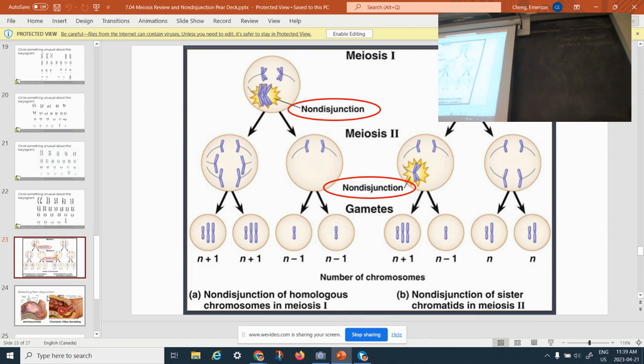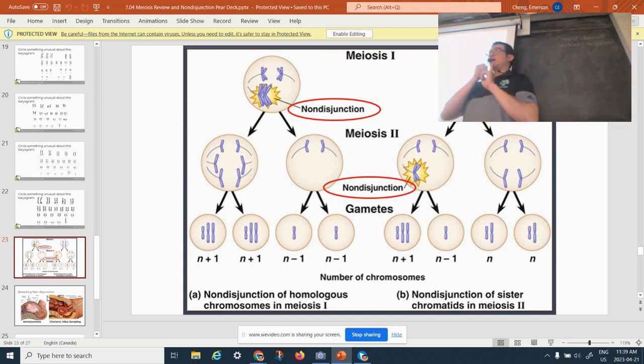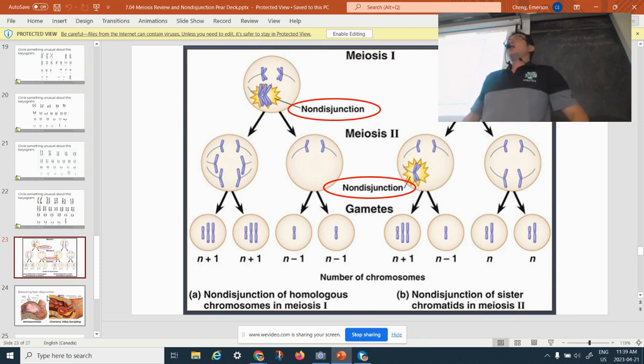Now, one of the high risk factors: I cannot speak on every single genetic condition, but I can speak to a risk factor for trisomy 21, which is Down syndrome. One of them is the age of the mom at her first child.